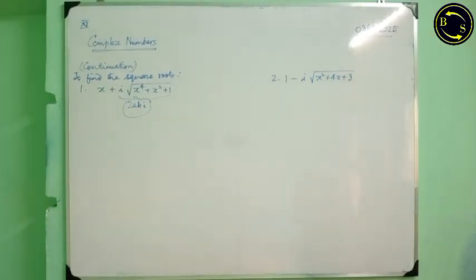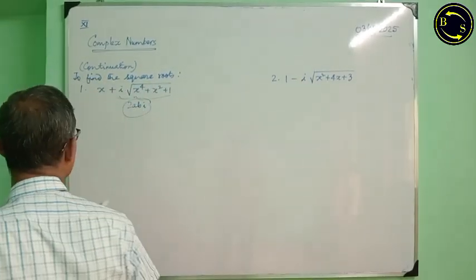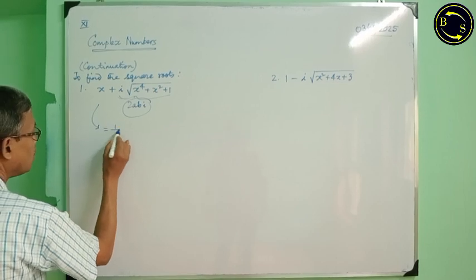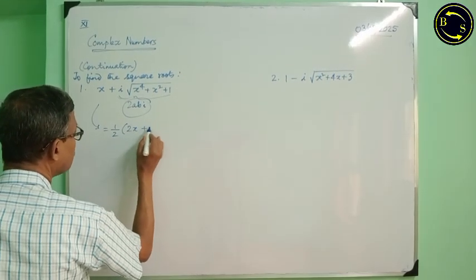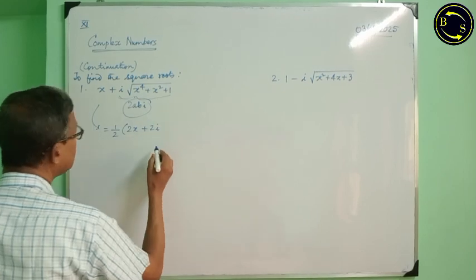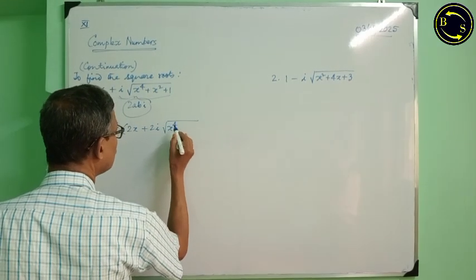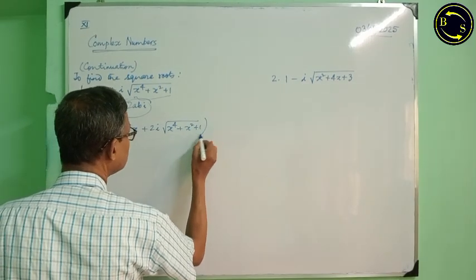For that we see there is 2 missing. For that I first bring 2x plus 2i under square root symbol x to the power 4 plus x square plus 1.